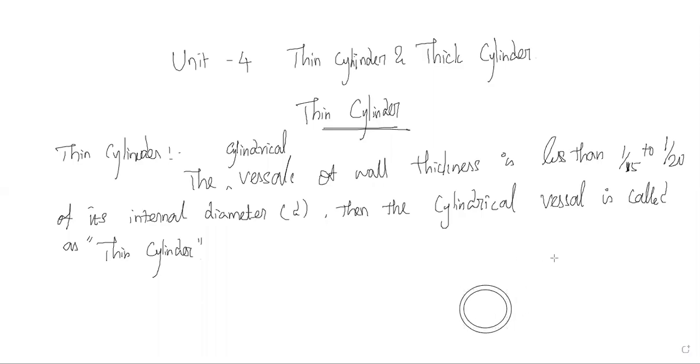We can have some cylindrical section. Here, the wall thickness t should be less than 1 by 15 to 1 by 20 of its internal diameter. The internal diameter we are going to take as small d. That type of cylinder we can call a thin cylinder.